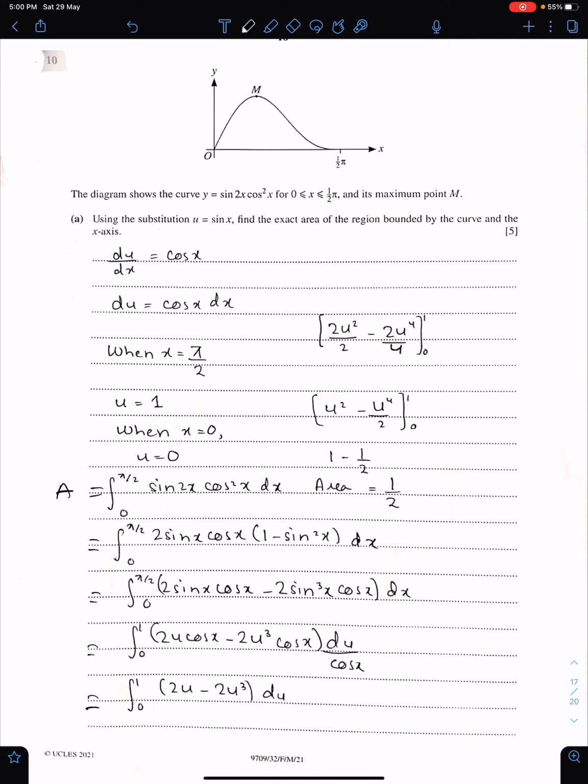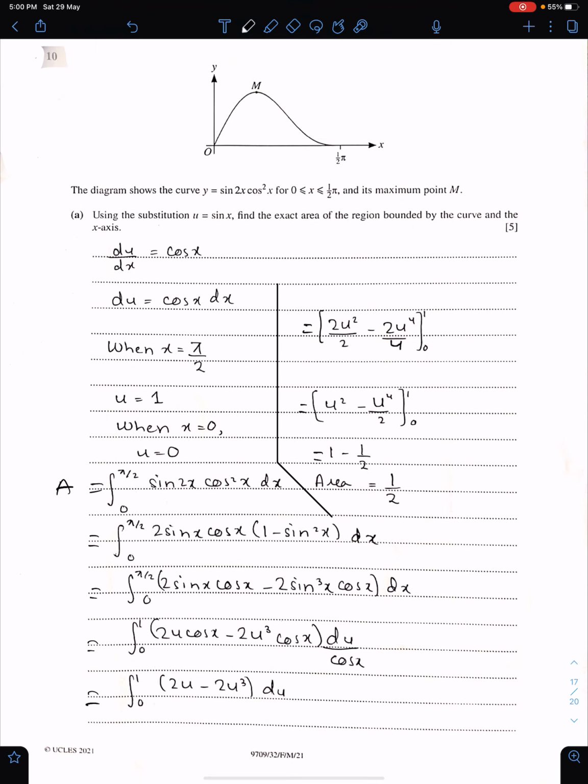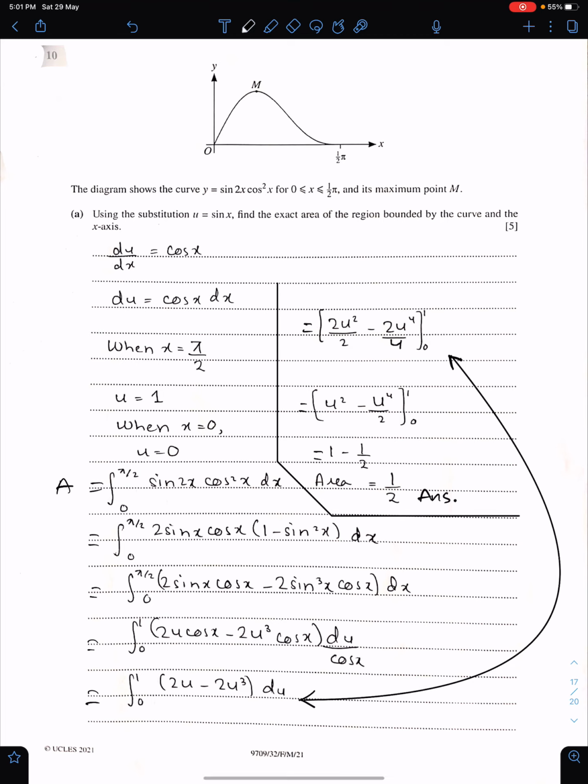That's the final answer. The solved part of this is here. The answer is half.